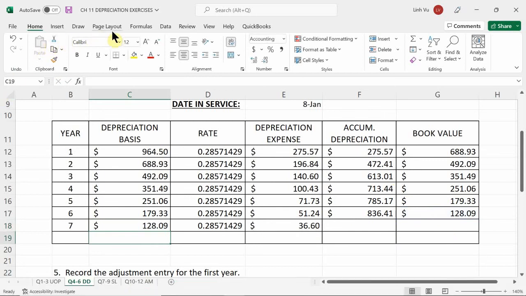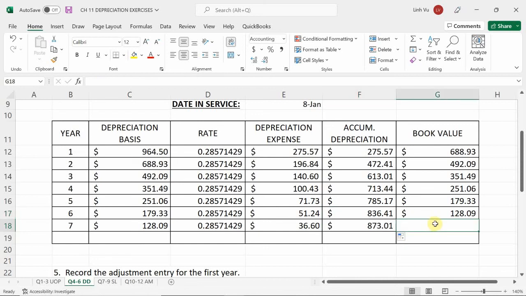128.09. Mm-hmm. You multiply your rate, you should get 36.60. So what's your accumulated? 873.01. Good.